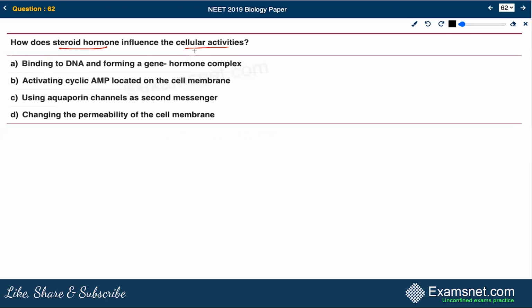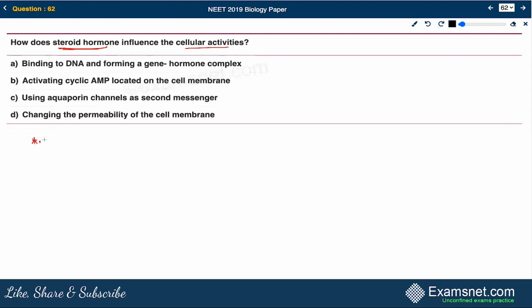One is the proteinaceous hormone, and the other is the steroid hormone. Both have different kinds of cellular activity. Here it is talking about the steroid hormone.